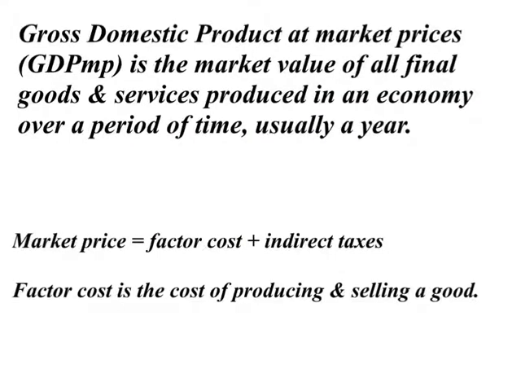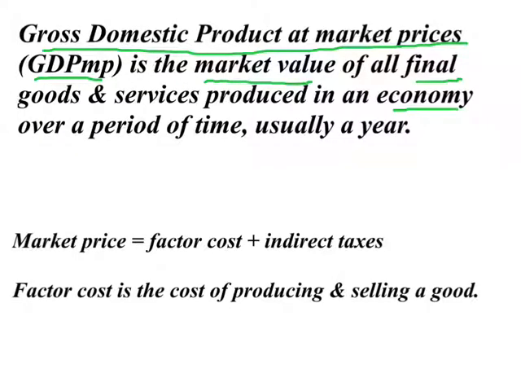One of the measures of income of a country is GDP-MP, and GDP-MP stands for Gross Domestic Product at Market Prices. And here is the formal definition: GDP-MP is the market value of all final goods and services produced in an economy over a period of time, usually a year.